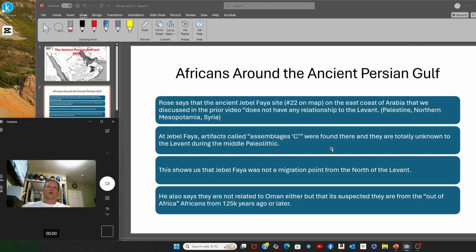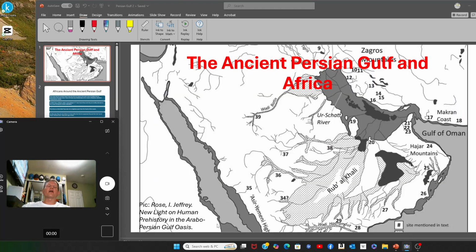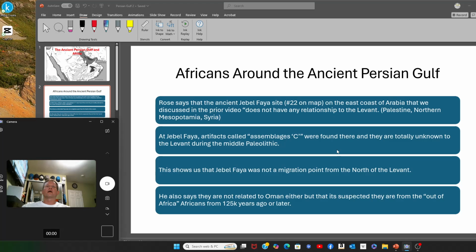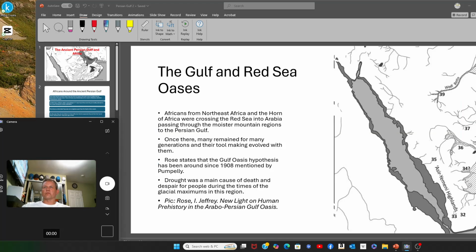Okay, so the out of Africans leaving Northeast Africa and East Africa are crossing and moving into Arabia. And they're crossing here. You can see this is a better picture of the Red Sea. You see down here at the bottom, the oasis and the water is very thin and small here.